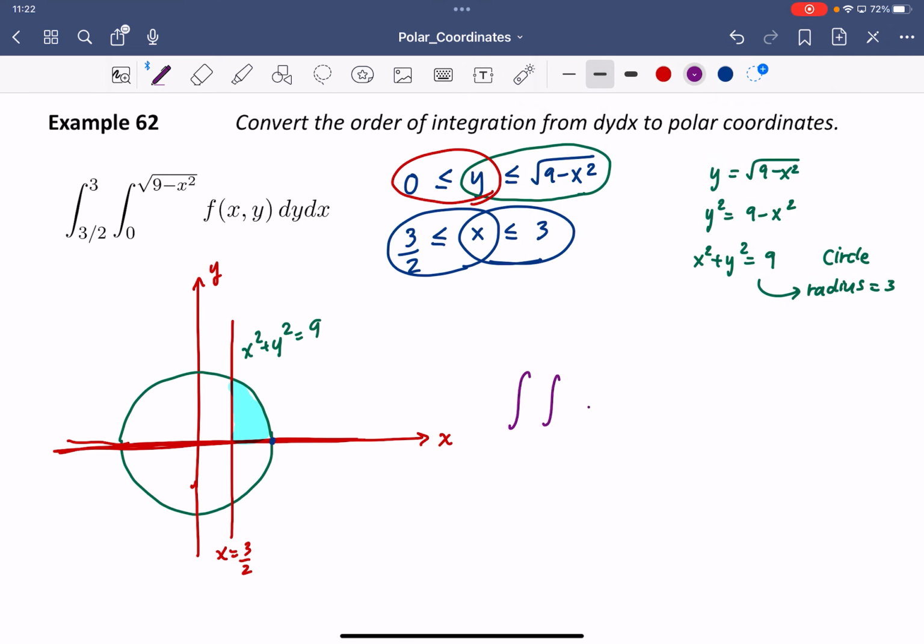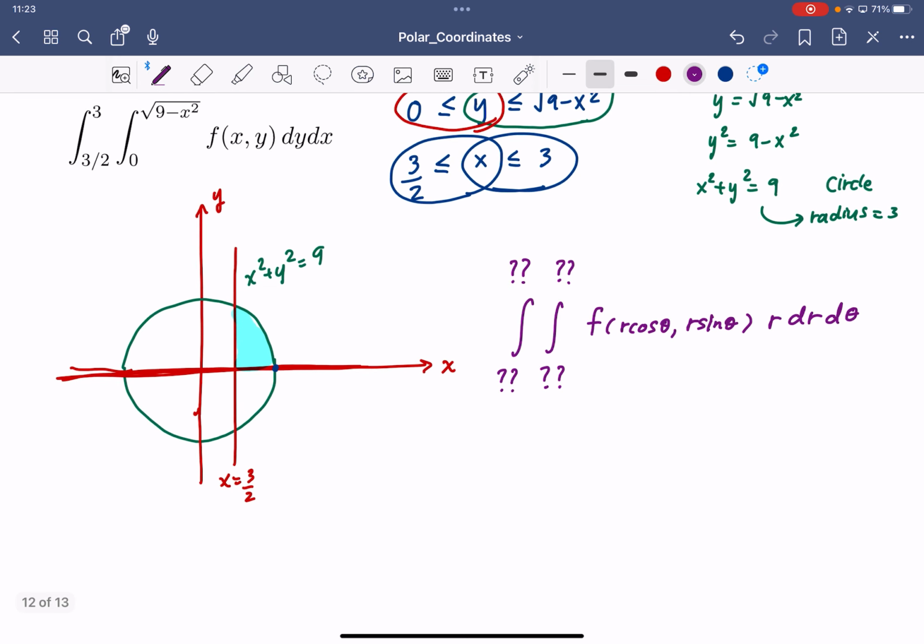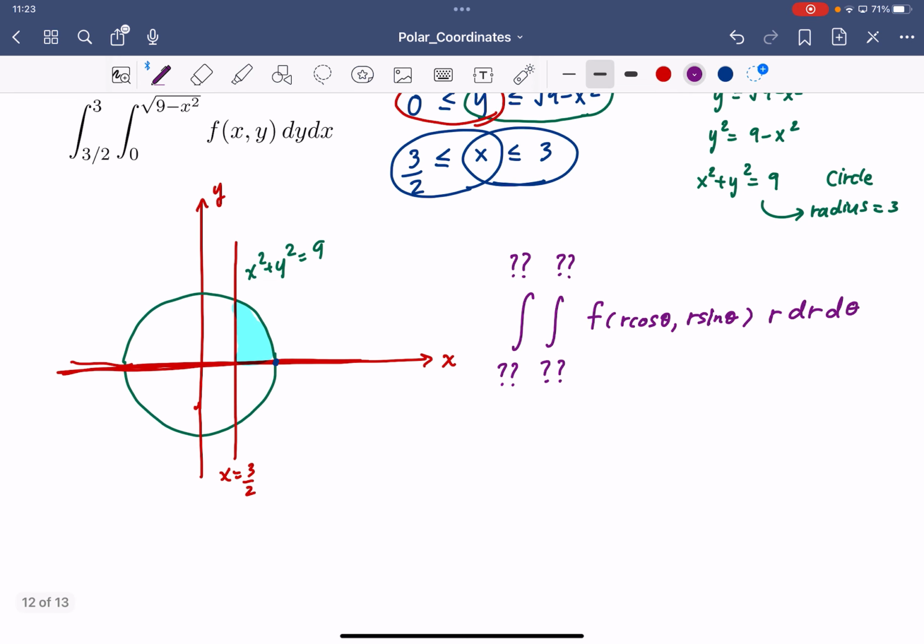You switch to f(r cos theta, r sin theta), and then r dr d theta. So what is going to be the lower bound of r here, and upper bound of r, and then theta as well? It's gonna be your challenge here that you need to find all the question marks. So what is going to be the domain of the upper bound and lower bound of the integration here?